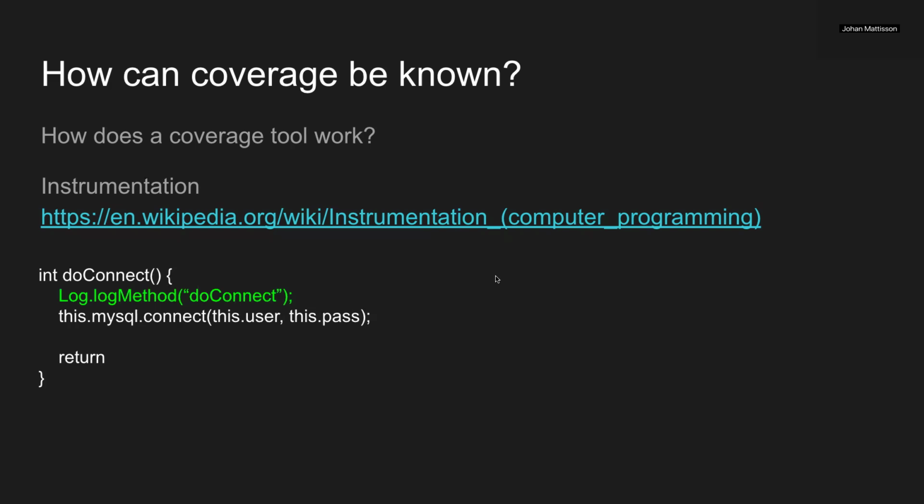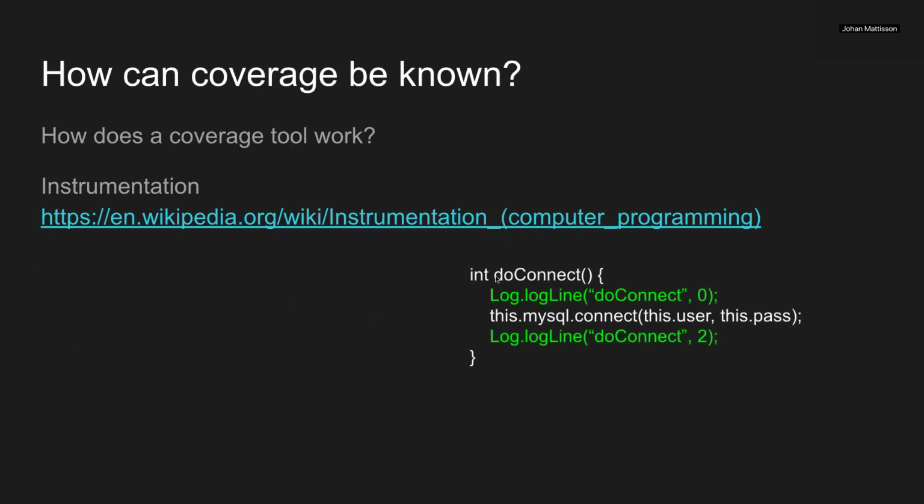So we want to check that this function or method was run, so we inject a bit of code inside of it. That's super basic on how this works. If we want to check both that it started the method and that it actually exited the method as well, we can put more than one of these statements in there.